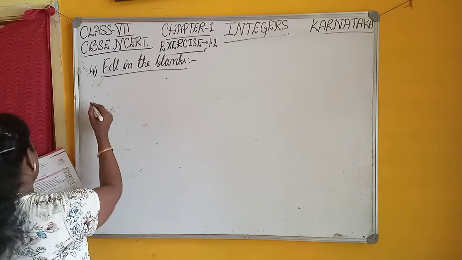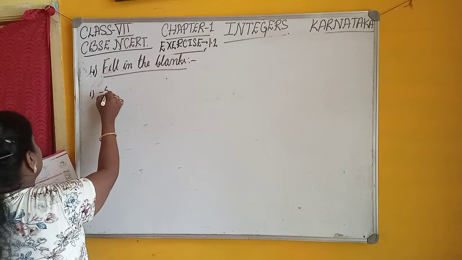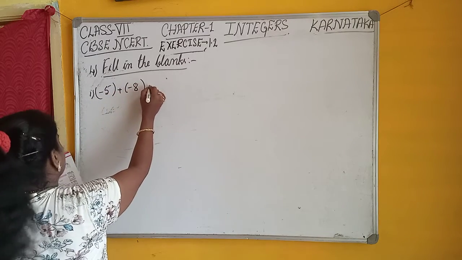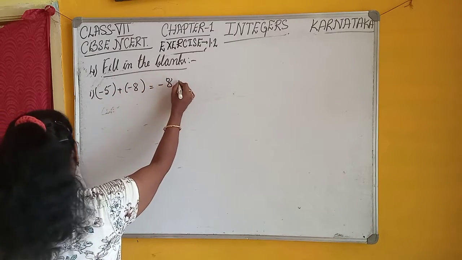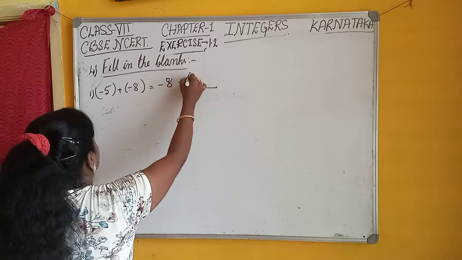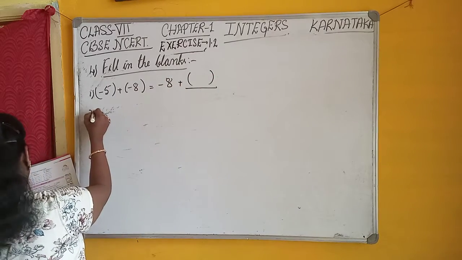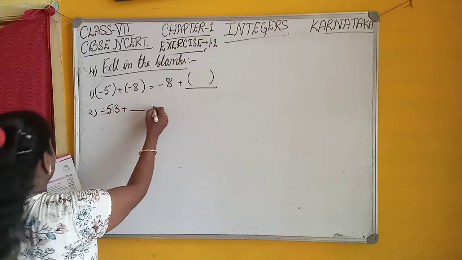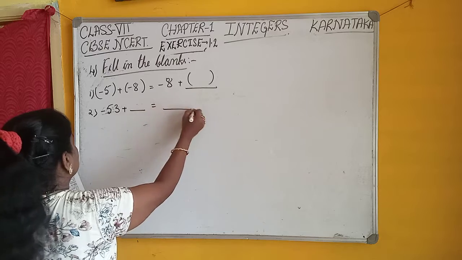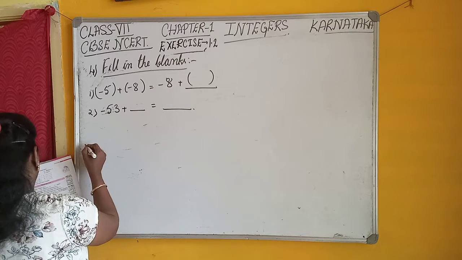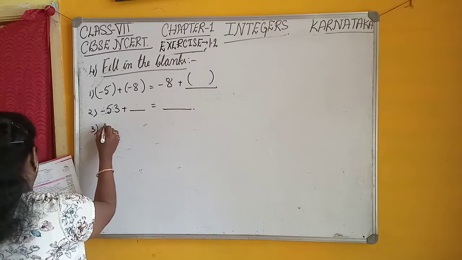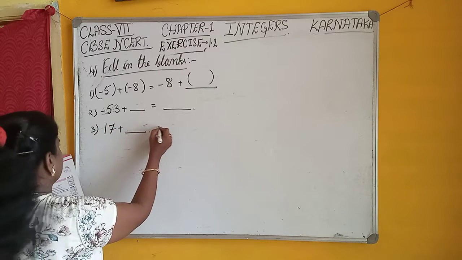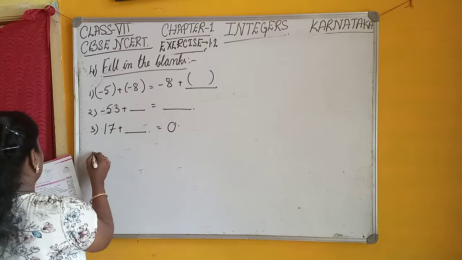Minus 5 plus of minus 8 is equals to minus 8 plus of dash. Second one, minus 53 plus of dash is equals to dash. Third one, 17 plus dash is equals to 0.